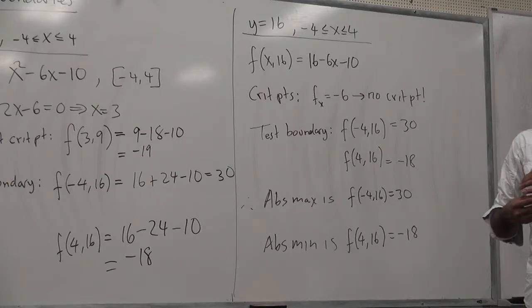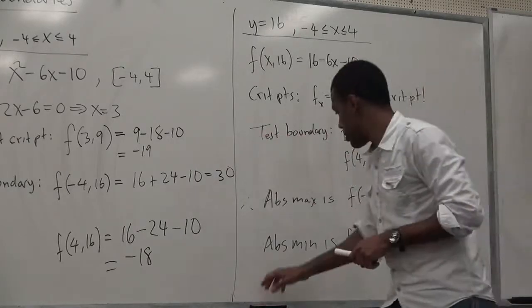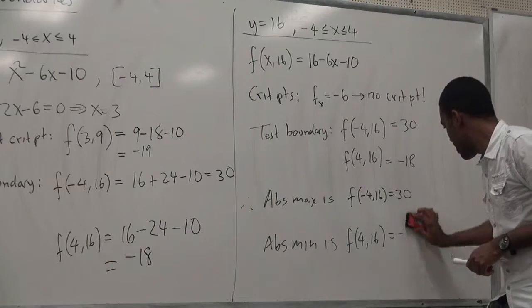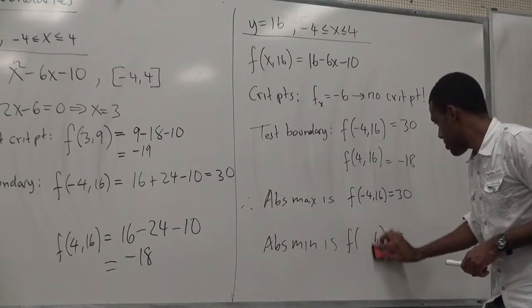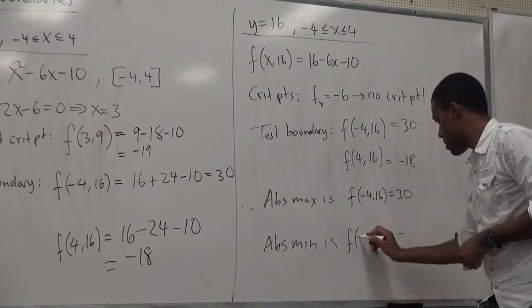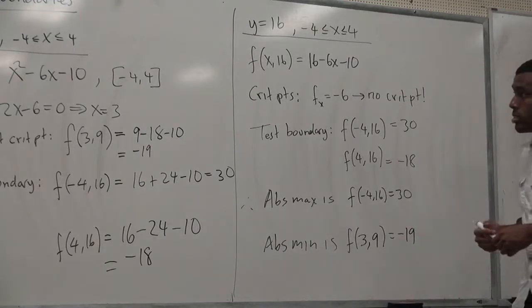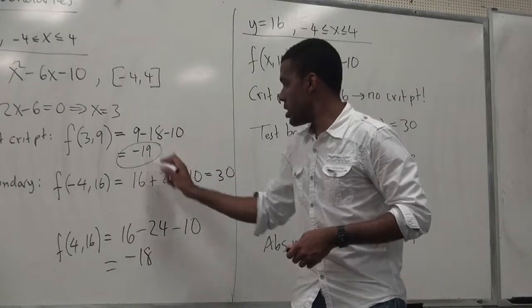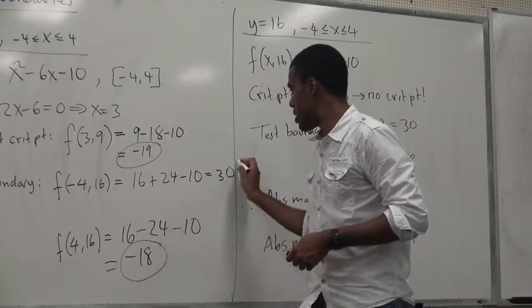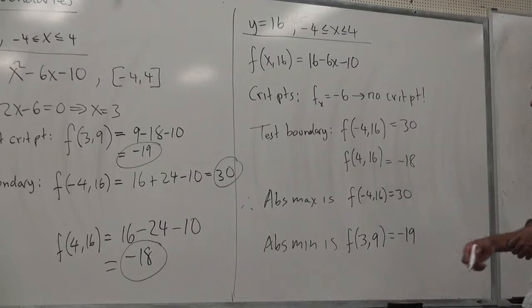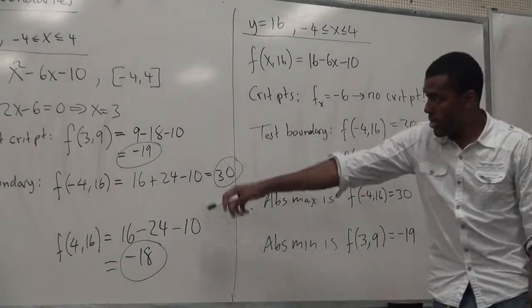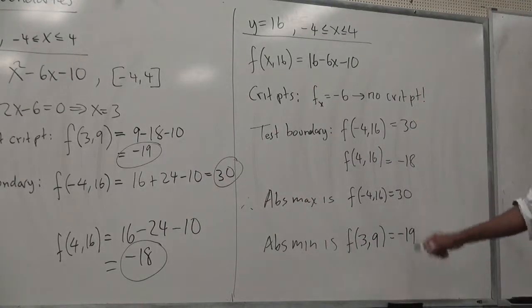Shouldn't the absolute minimum be at 3, 9? Oh, yeah, because that's negative 19. I forgot that. Right, that's smaller than minus 18. So we had minus 19, we had minus 18, we had 30. We picked the biggest of these values and the smallest of those values. So 30 was the biggest, minus 19 was the smallest.